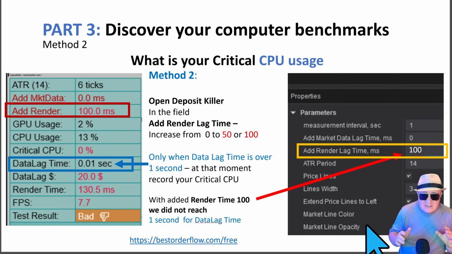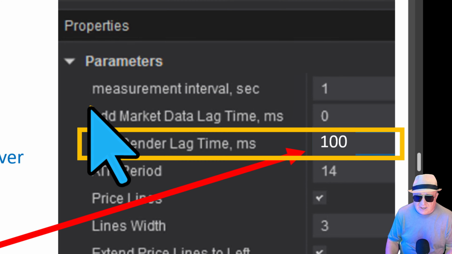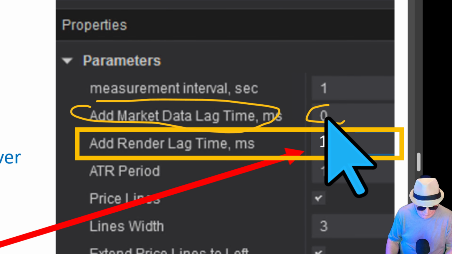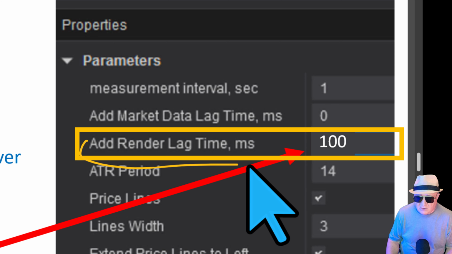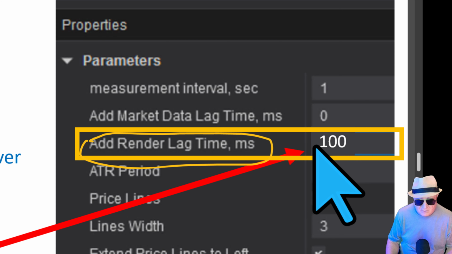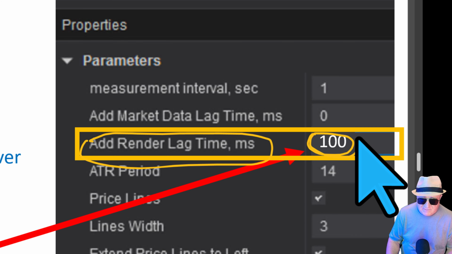And here is a second method for how we can discover our critical CPU usage. Instead of adding market data log time over here, we may gradually add render log time over here and start it maybe from 50 or maybe 70, just gradually increasing it up to 100 or up to 150.